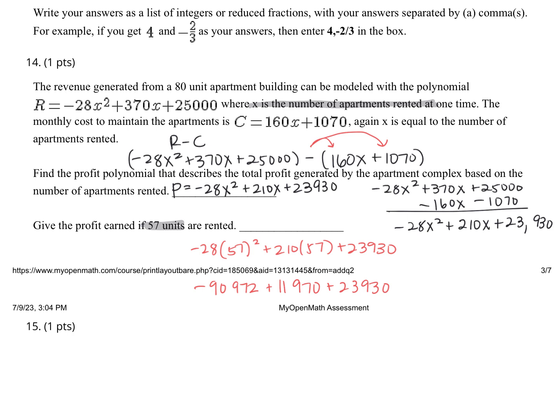So when we add all this together, negative 90,972 plus 11,970 plus 23,930, we get negative $55,072. So obviously it's a negative, that's not good. So they're losing money. So they need to change, probably increase the number of apartments that they're renting.